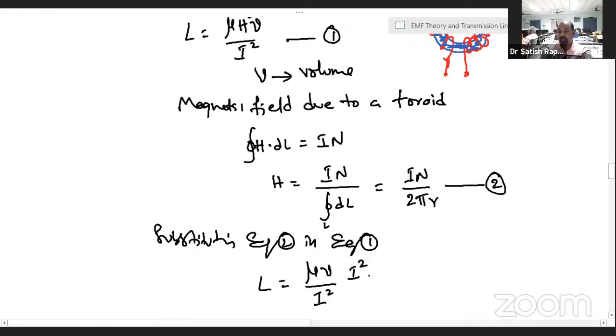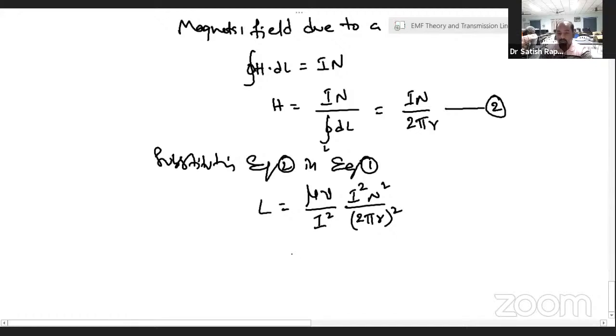H square is I square N square by 2 pi r whole square, right? So simplifying this, this is equal to mu N square V by 2 pi r whole square, right?